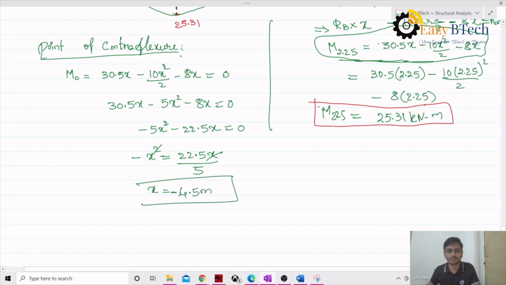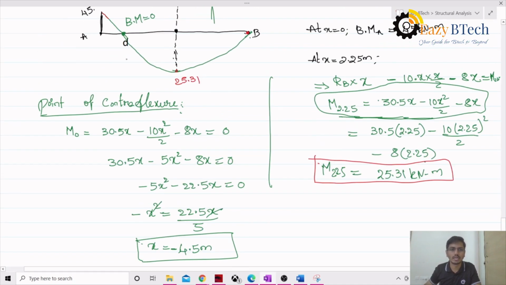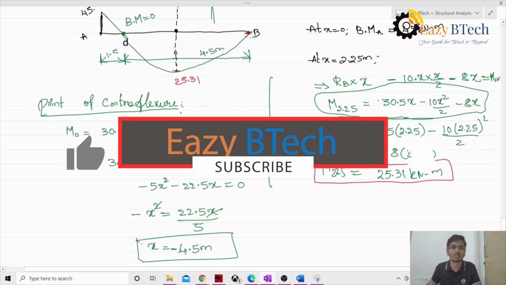This is negative. What does this negative indicate? The value they have got is this value, 4.5 meters. So in this direction, from 6 meters, if I subtract, it is 1.5 meters.